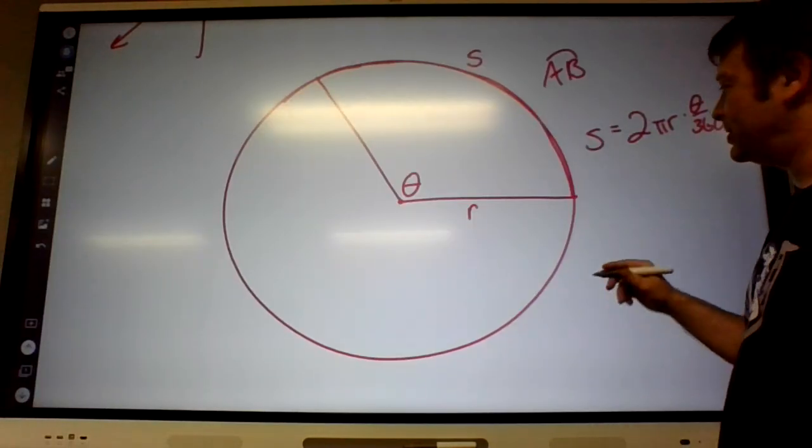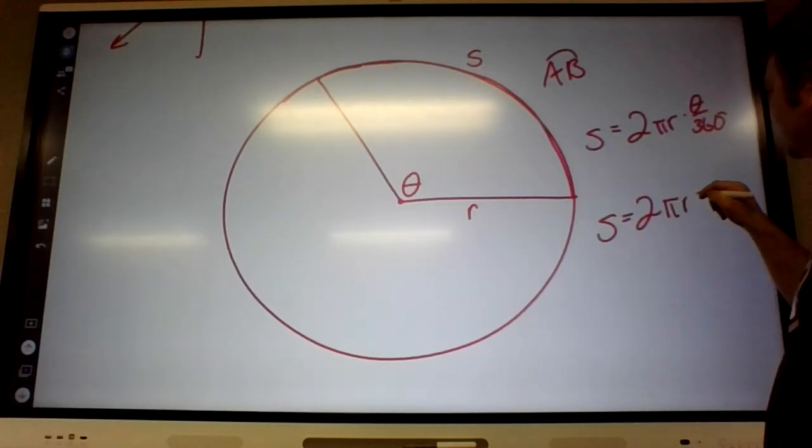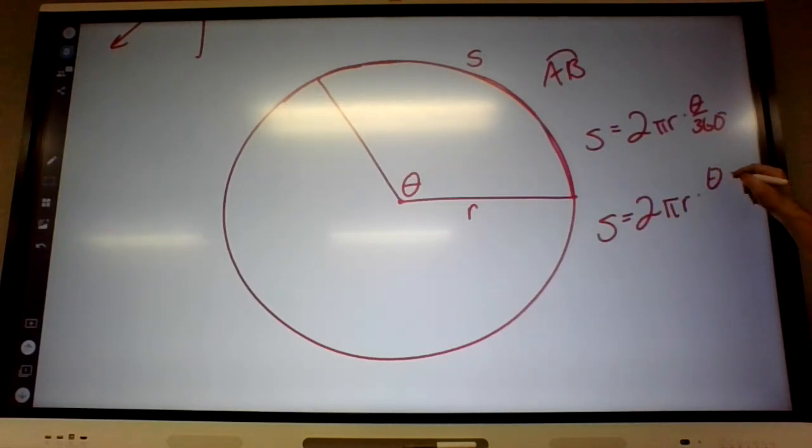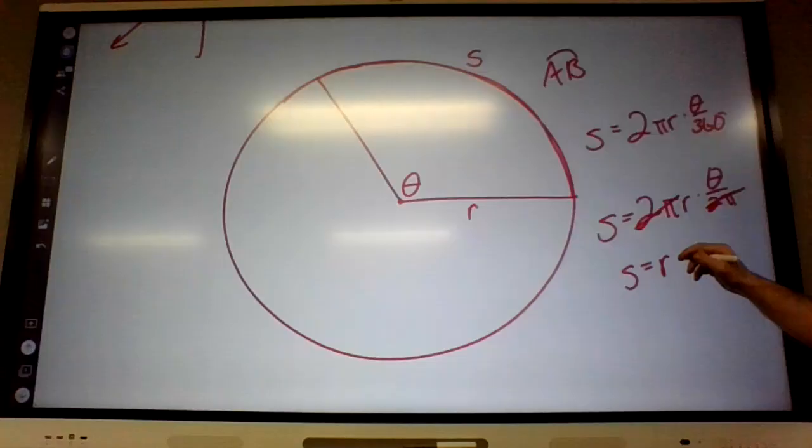However, if we use radians, it's the circumference times theta over 2 pi, but the 2 pi cancels out, and arc length is just the radius times the angle.